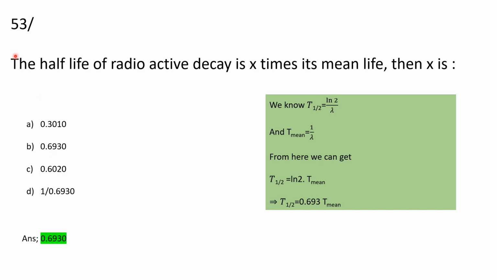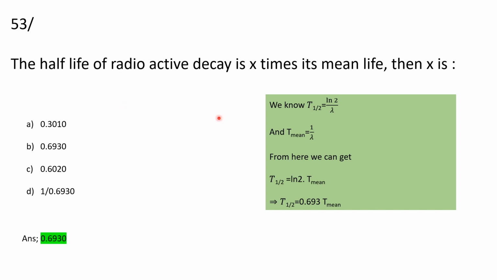Then, the half-life of radioactive decay is x times its mean value, then x is. And the options are 0.3010, 0.6930, 0.6020, and option D says 1 by 0.6930.